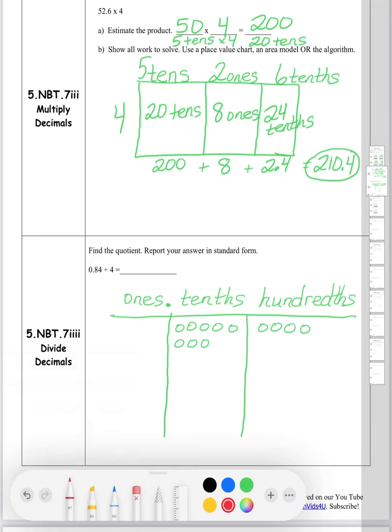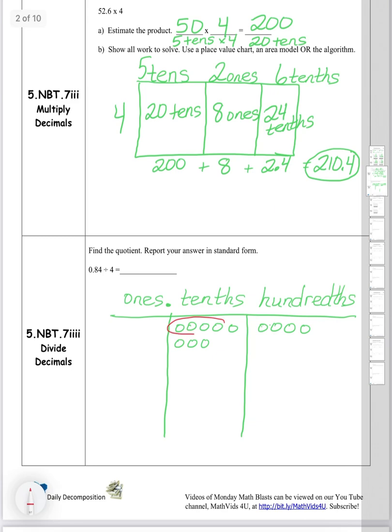All right, so if I put 4 discs in a group, you can see easily here that there are 2 groups that are able to be made in my tenths column. And then when I take my hundredths and I divide by 4, I put 4 discs in a group there, and there's 1 group that's able to be made in the hundredths column.